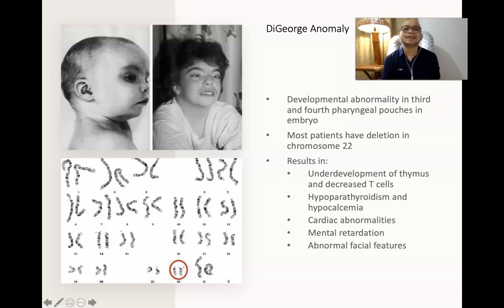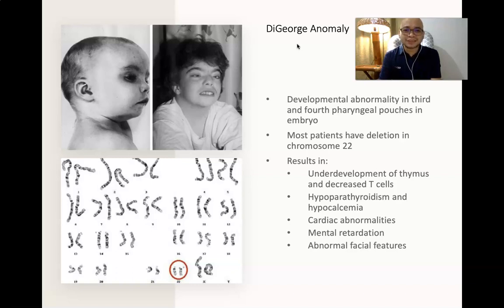The DiGeorge anomaly is another example of a developmental abnormality in the third and fourth pharyngeal pouches in the embryo. This is where the thymus develops, so this place is important for the development of the thymus.